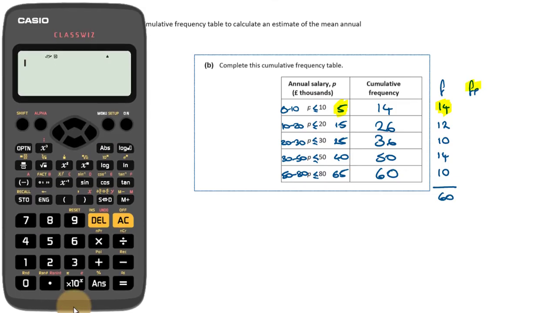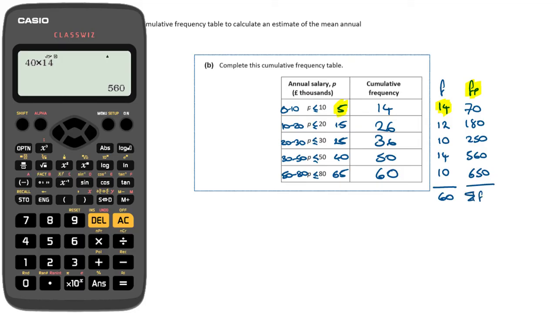Okay, so 14 times 5 comes out to be 70. 15 times 12, that's 180. 25 times 10 is 250. 40 times 14 comes out to be 560, and 65 times 10, that's 650.